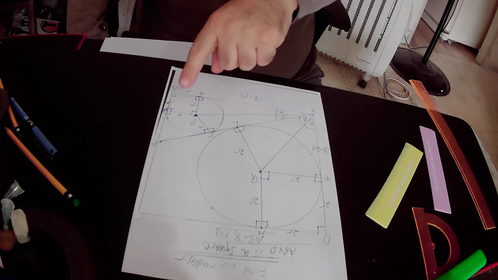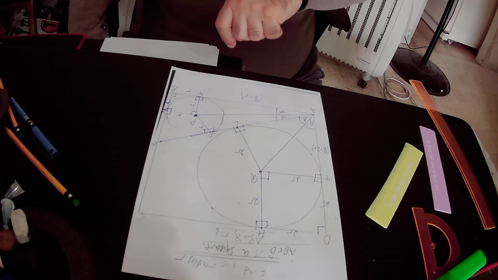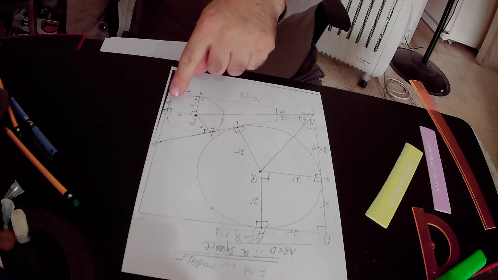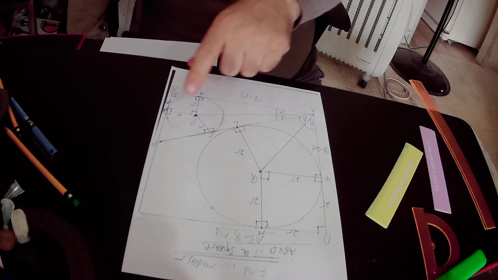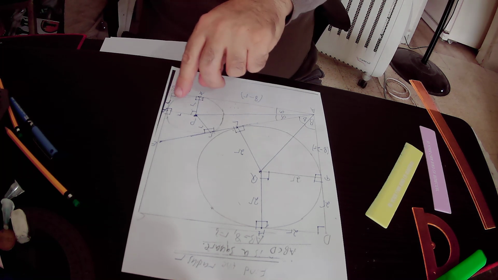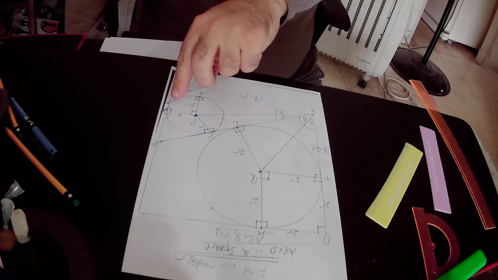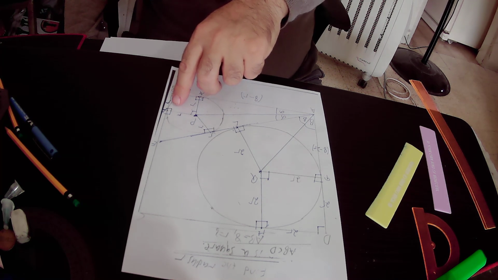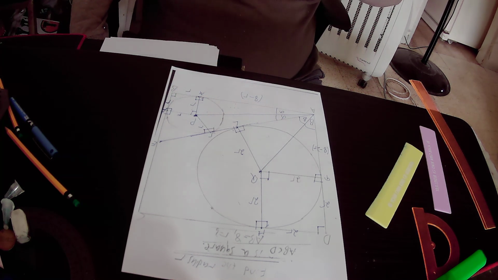And here it is also the same thing. We have this radius that is drawn to the point of tangency, that is to say to point F. Therefore, this tangent is perpendicular to this radius at this point of tangency. This is to say this angle is 90 degrees and this angle is also 90 degrees.